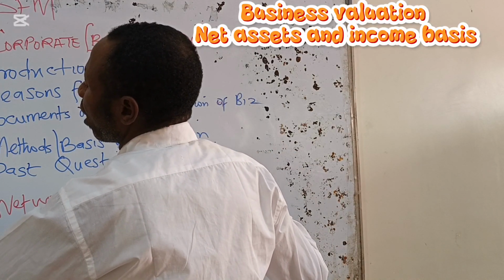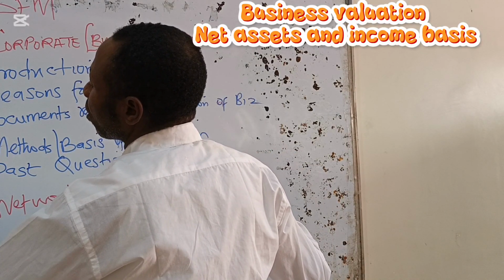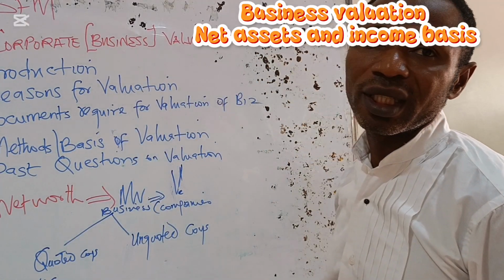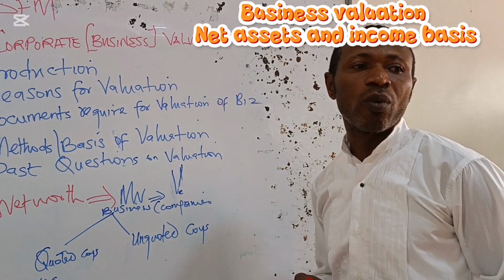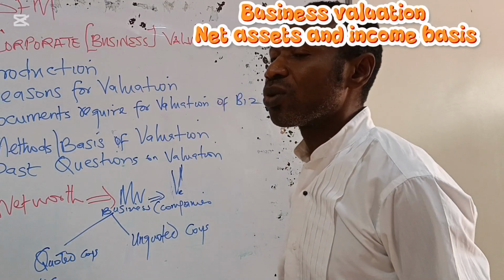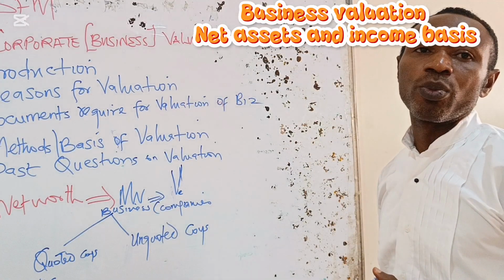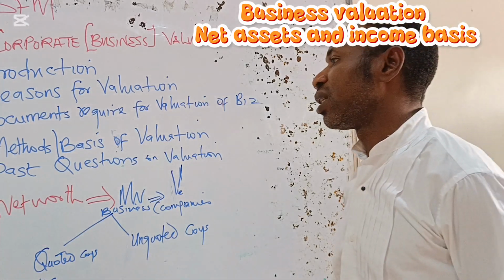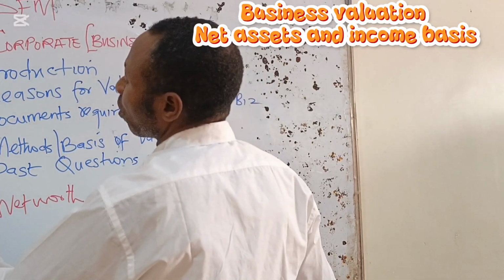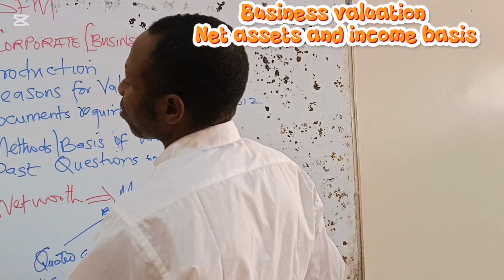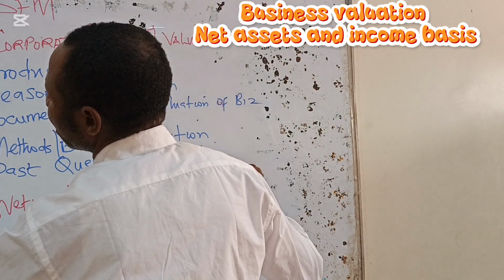For reasons of IPO, a company that wants to go quoted wants to make sales of shares. They need to know their worth so as to know what price to put on their shares. That is for businesses that want to do an initial public offer of shares for sale or for subscription.